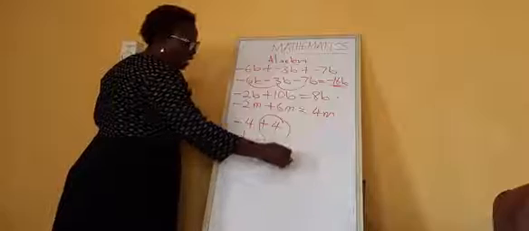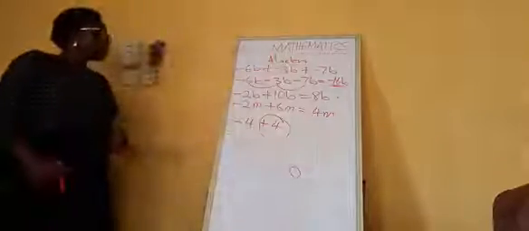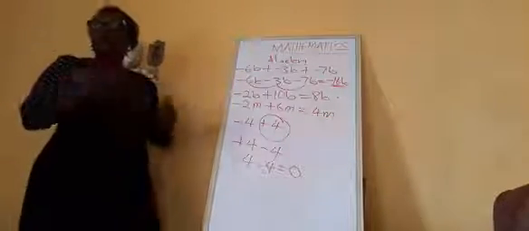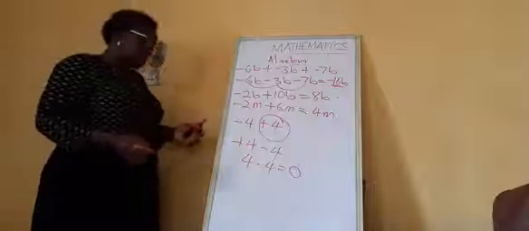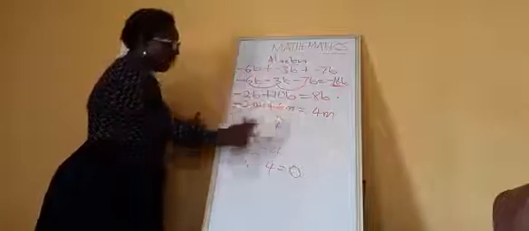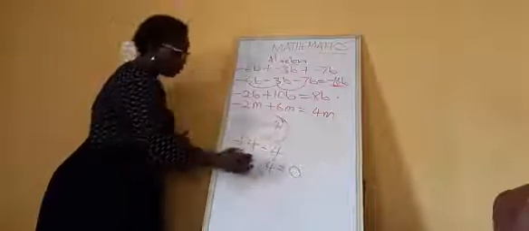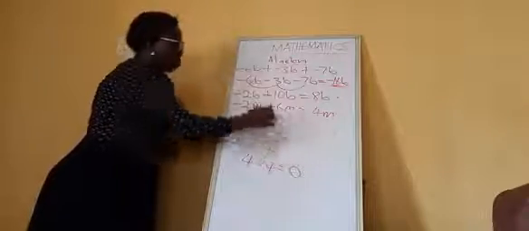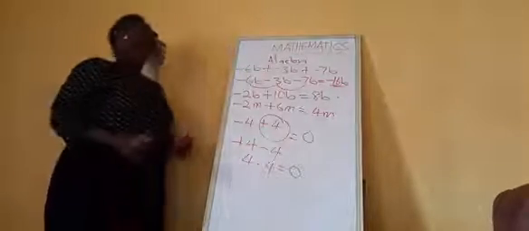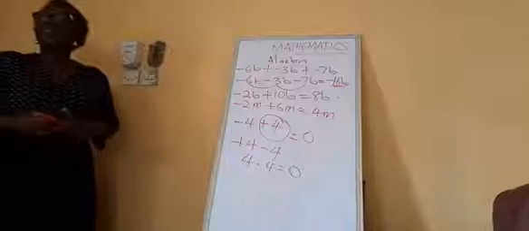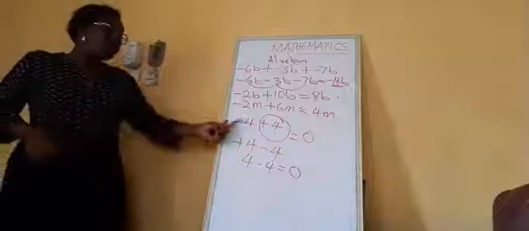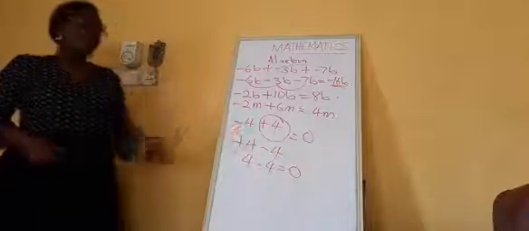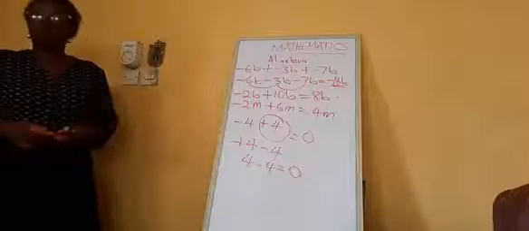So what is the answer? 0. So if you use the same method, you have minus 4, subtracting from 4 is what? Is equal to 0. So when they are of different sign and equal number, it will definitely give you 0.